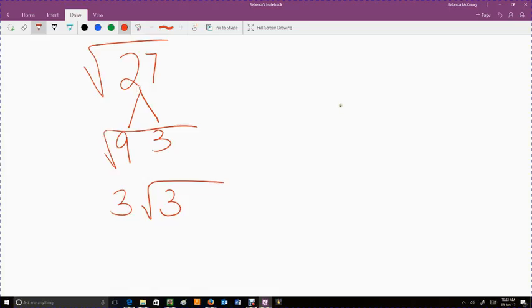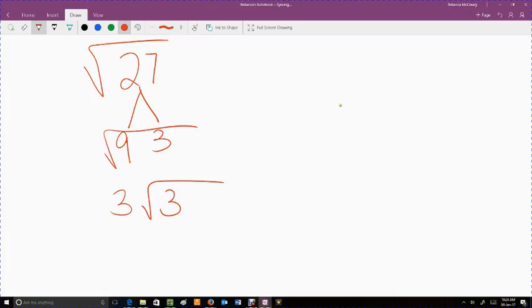However, for math class, leaving something as 3 times the square root of 3 is a perfectly acceptable answer. Obviously, since 3 is less than 4, it's going to be less than 2 because the square root of 4 is 2, right? So if there comes a time when we need to approximate this, it's about 1.7. But I don't foresee that happening. But again, you can just leave it as 3 square roots of 3.